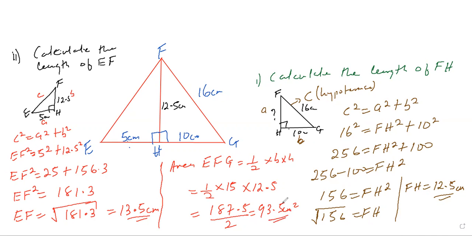So guys, this is what I gave for homework from last night's class, right? But I promise you guys today we'll go a little bit deeper. Then on Friday, we're going to start trigonometry ratios, where we're going to do sine, cosine, and tangent, right? We'll come to that on Friday.